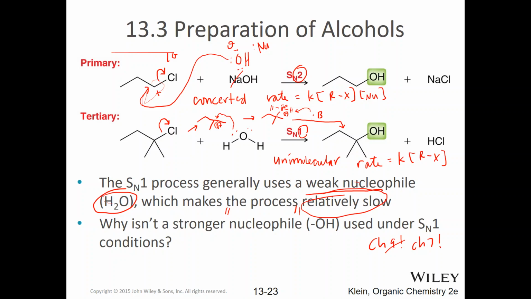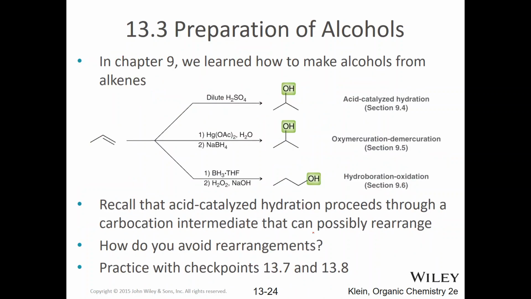Okay, so we got alcohols. We made alcohols by Sn2 or Sn1 reactions from alkyl halides, right? We also got them from alkenes.